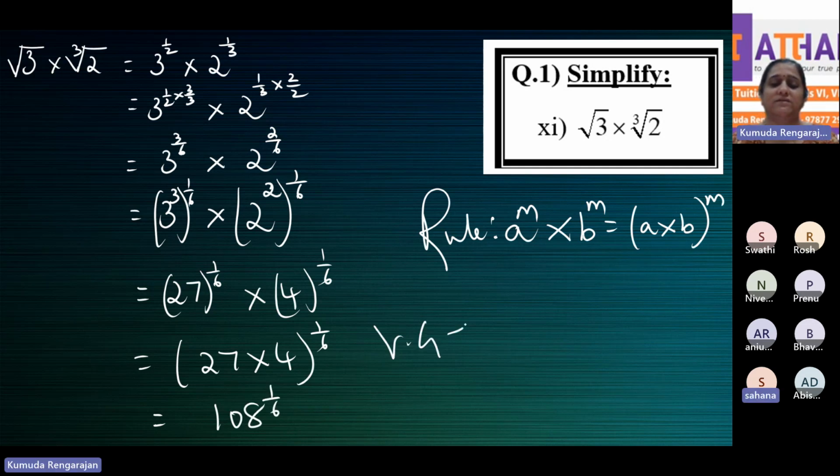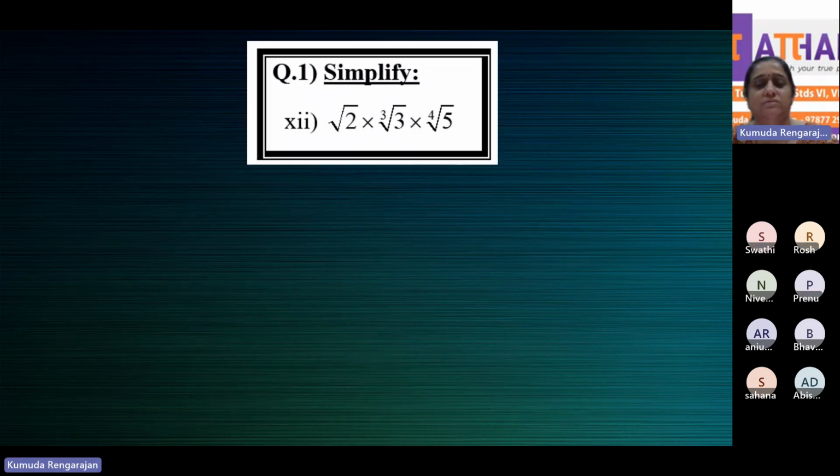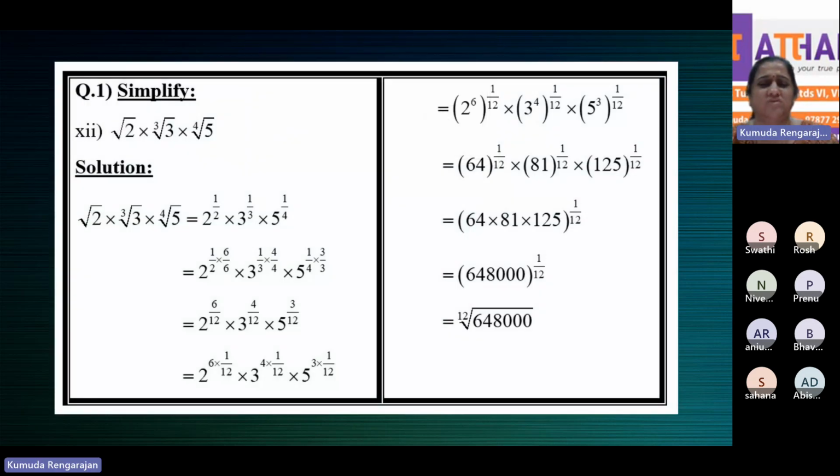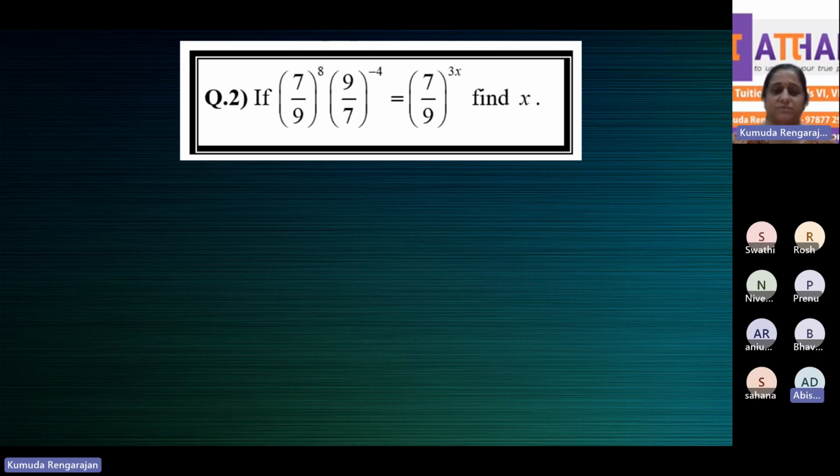Very good, Sahana. I hope all of you have understood the same way she's understood. Is it clear, all of you? Yes, ma'am. Very nice, children. Next one. So you can follow. See, it's all similar, okay? This is the next type.